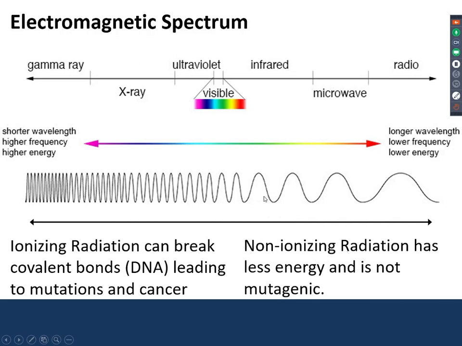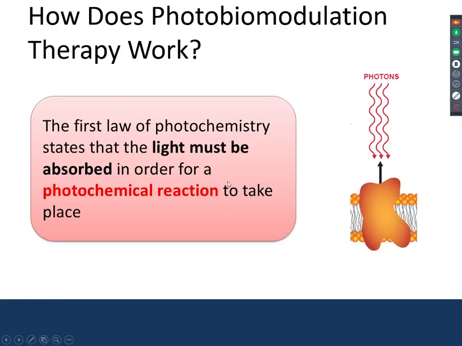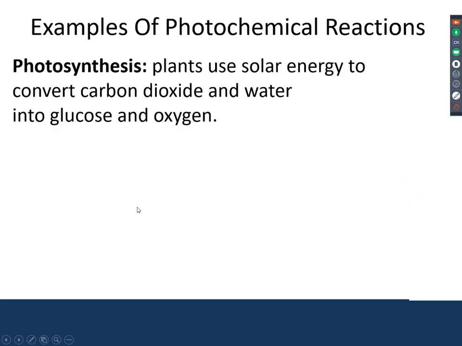And of course, when we talk about laser therapy, we're referring to the visible spectrum and the near visible spectrum, or infrared. So how does this photobiomodulation therapy work? Well, essentially, first we need to understand that for a photochemical reaction to take place, light has to be absorbed by some type of photoacceptor. That's the first law of photochemistry.